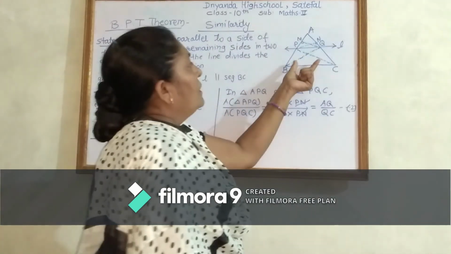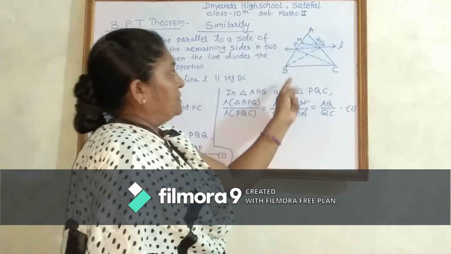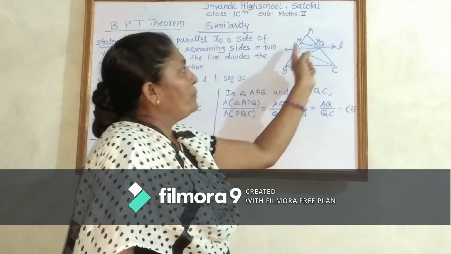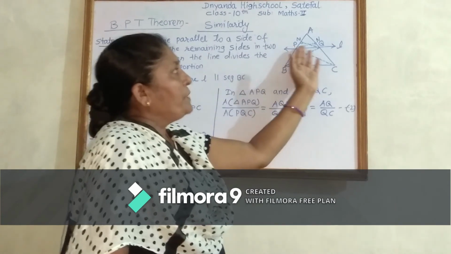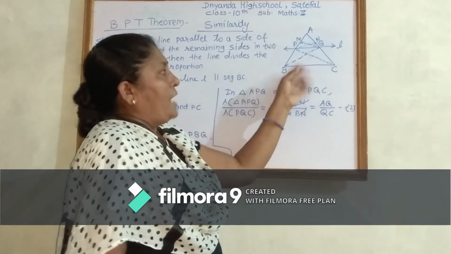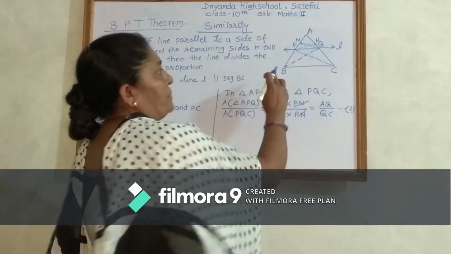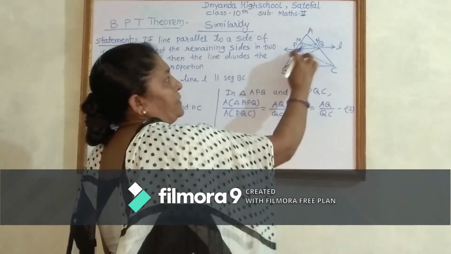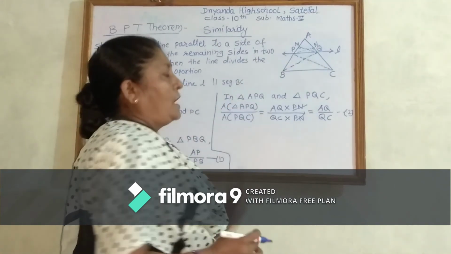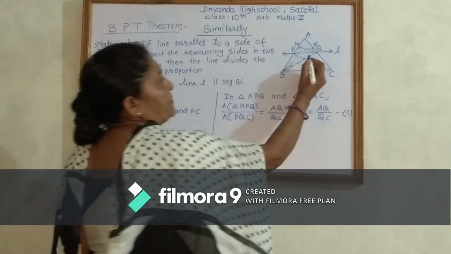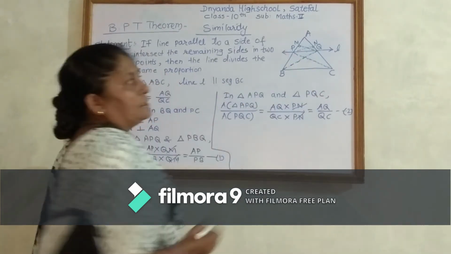Now in trapezium BCQP, PQ is parallel to BC, and the two triangles BPQ and CPQ are on the same base and between the same parallels, so they have the same height.